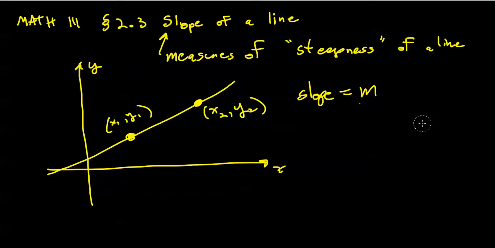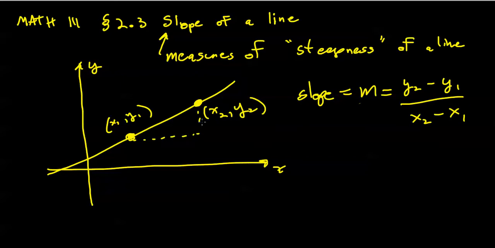So my slope is defined by the formula y2 minus y1 over x sub 2 minus x sub 1. And of course you're thinking, well, that's nothing more than the difference of the y coordinates divided by the difference in the x coordinates. You're absolutely right.